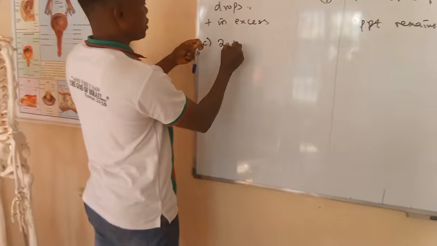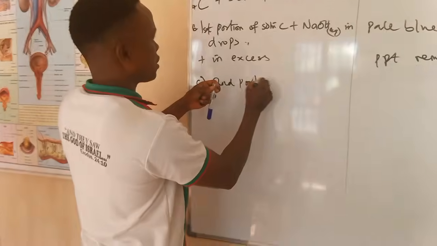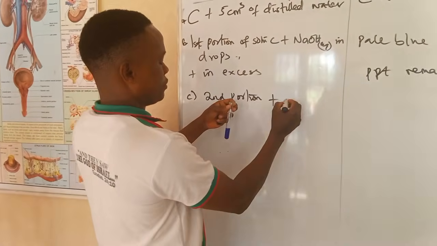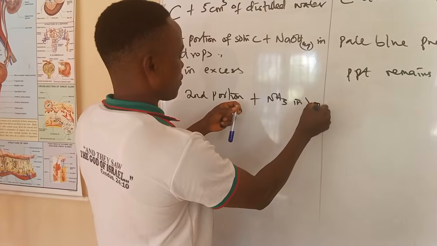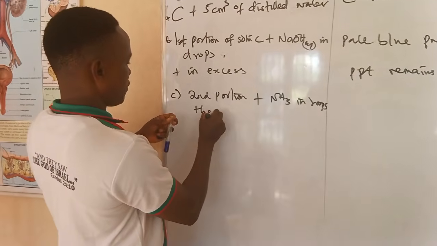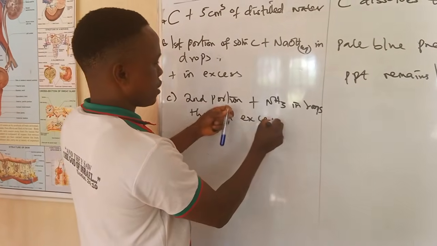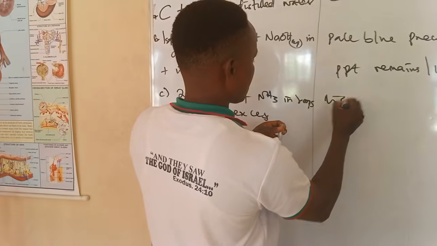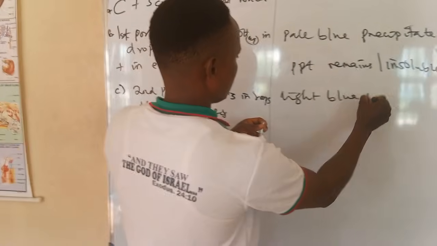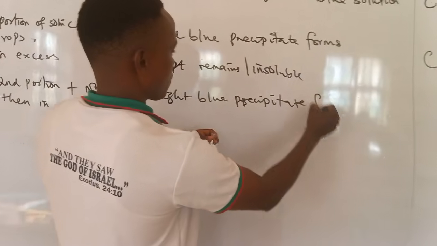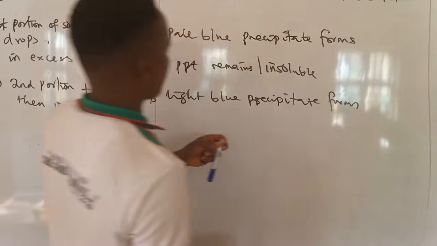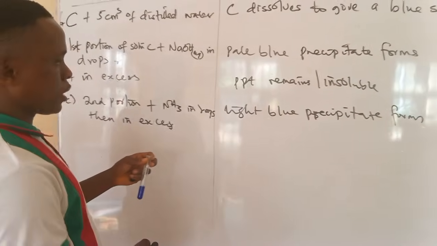So we say in portion plus ammonia in drops, then in excess we have: in drops, a light blue precipitate forms. Okay?